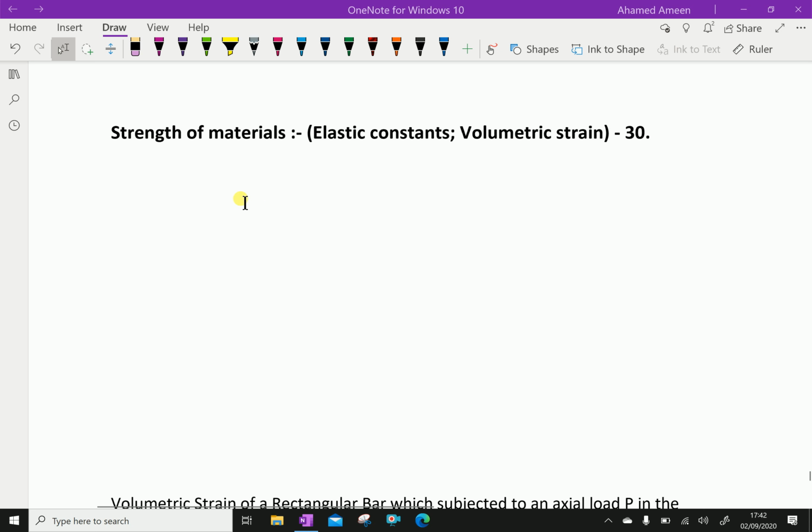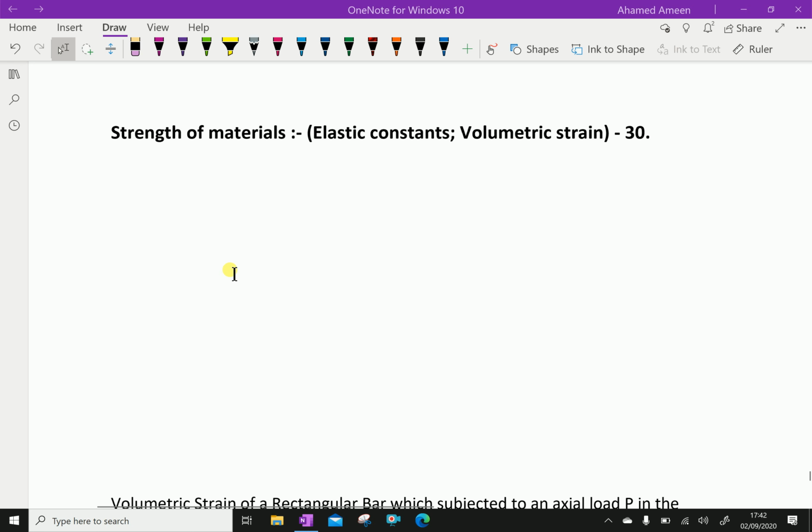In strength of materials regarding elastic constants, let us discuss volumetric strain. The ratio of change in volume to the original volume of a body, when the body is subjected to a single force or a system of forces, is called volumetric strain. It is denoted by EV.